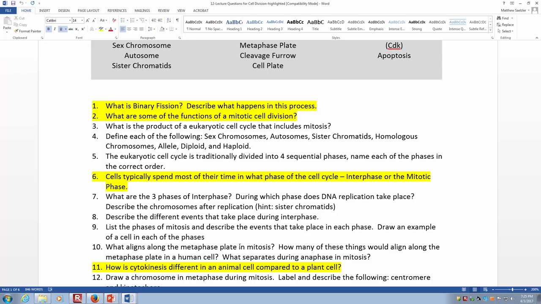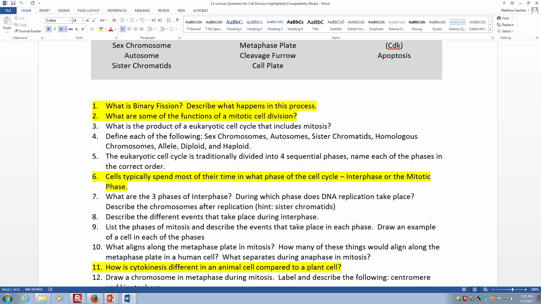It does happen in prokaryotic organisms. It is a form of asexual reproduction. Okay, that's one thing that happens, but overall, what do you start with, and what do you end with? Yeah, right. You start with one cell, which divides to give rise to two during binary fission.